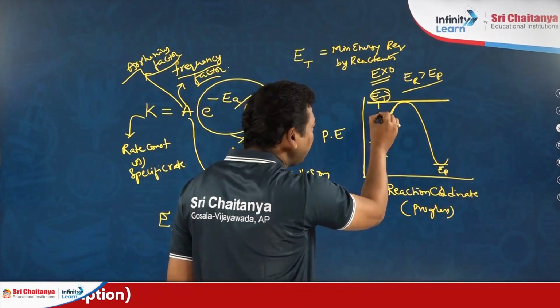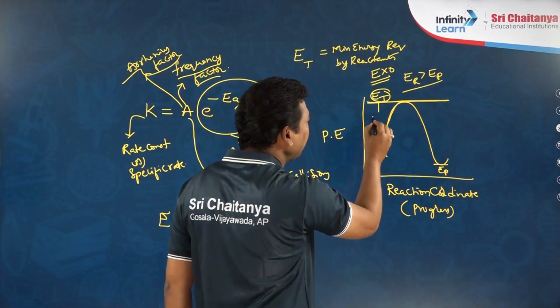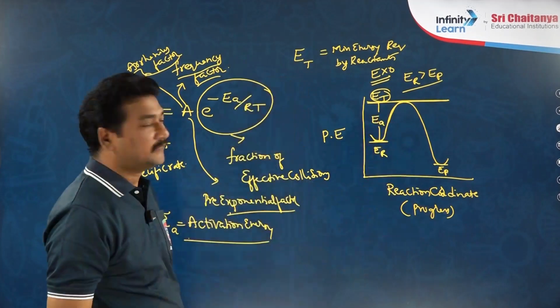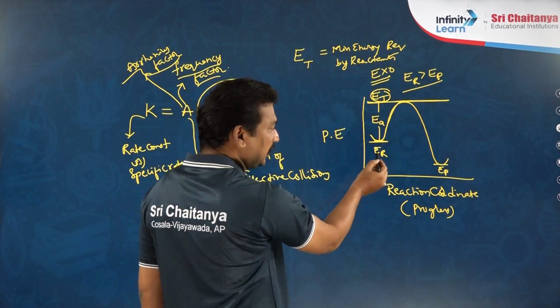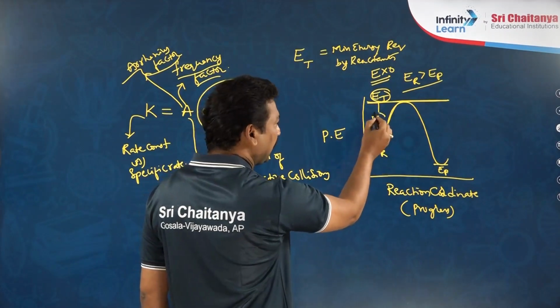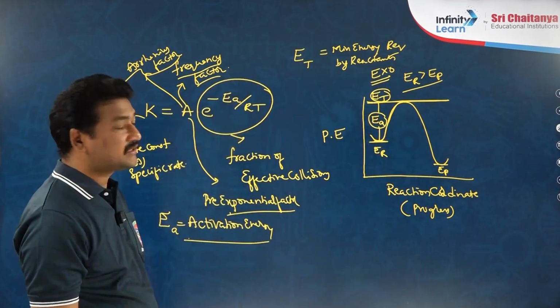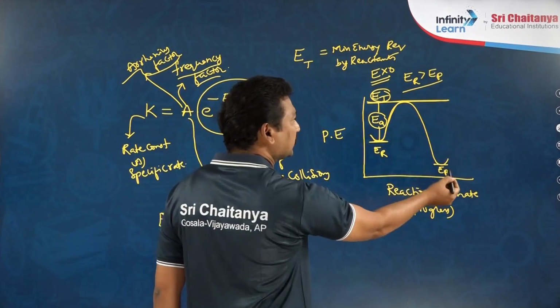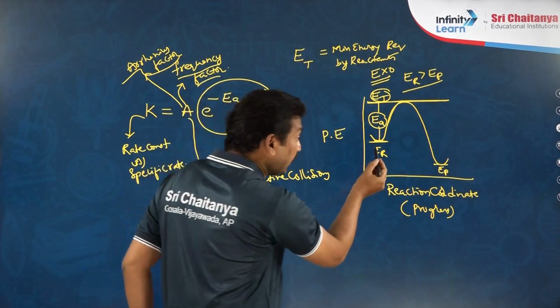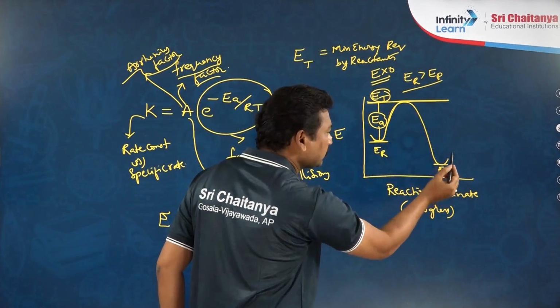And the difference between these two is the activation energy. The energy difference between the threshold energy and the energy of the normal molecules is the activation energy. This is the activation energy for the forward direction, because this direction goes from the reactants to products.